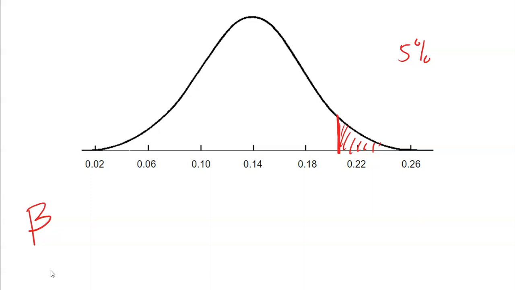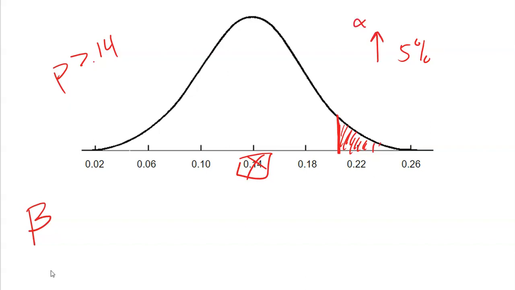Now, the idea though is this. Just think about this. If the truth is that the null is wrong and that the 14% is incorrect and that the truth is that it's really higher than 14%, then if I really wanted to reduce type 2 error, what I should do is increase my alpha.